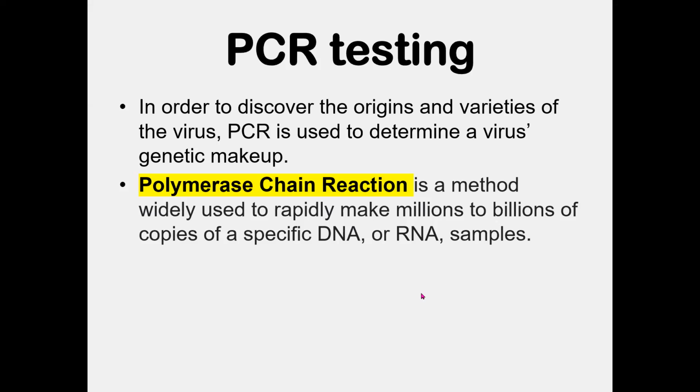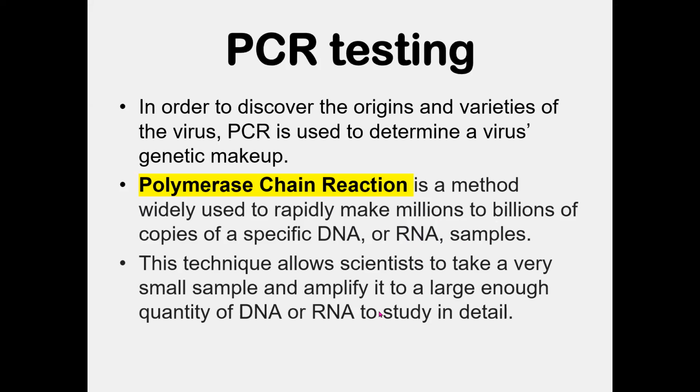What it does is take a small piece of DNA and very quickly produce millions to billions of copies of that piece of DNA. And that can then be sampled, run and identified.